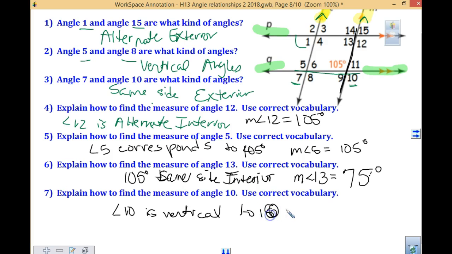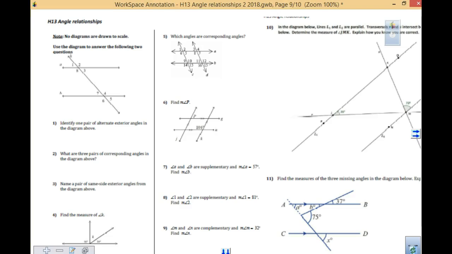And if it is vertical to 105 degrees, that means it must also equal 105 degrees. So the measure of angle 10 equals 105 degrees. So when you do your homework and you're starting off, most of you should probably not have too much of a problem doing 1 through 4. Same thing as you look over here. I would like you right now to look at problem number 10.